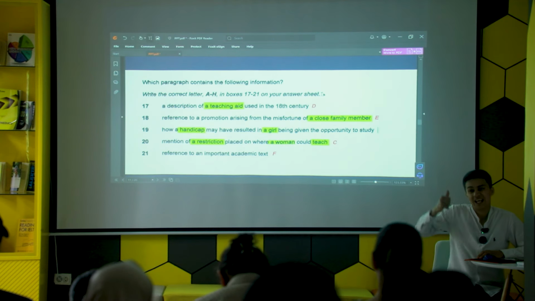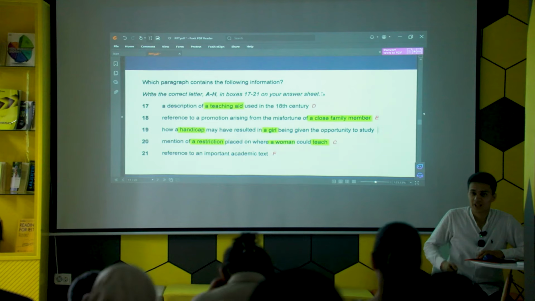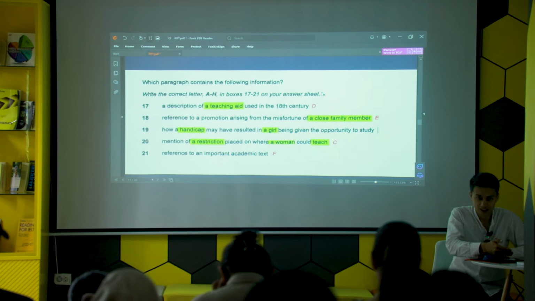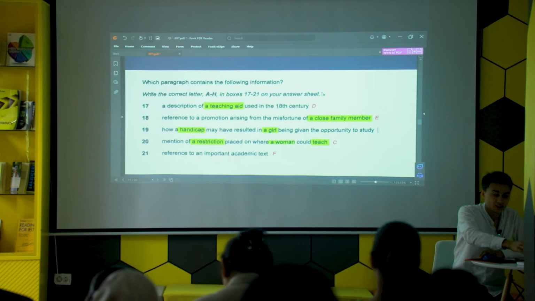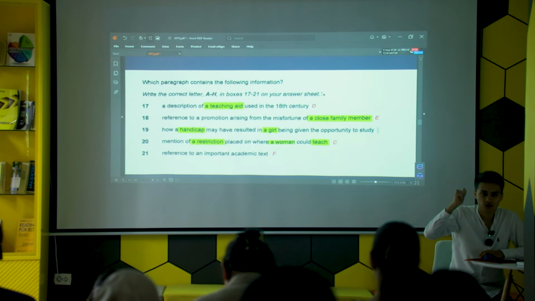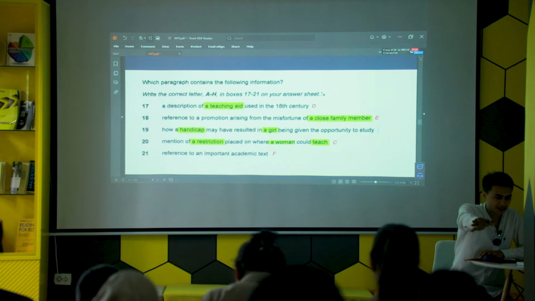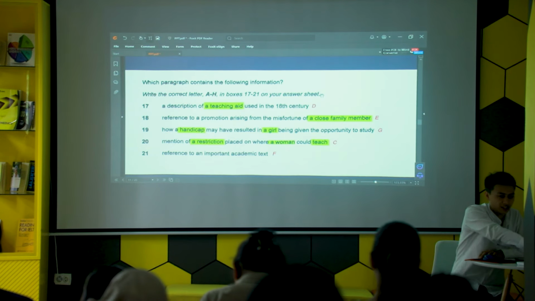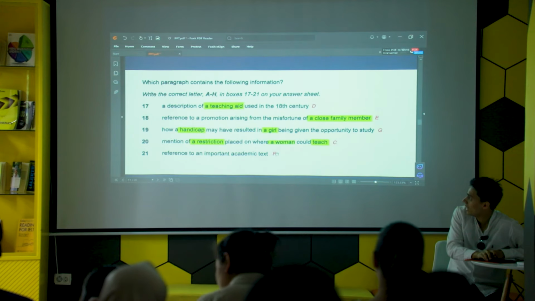Educate the girl, a girl. The name, Daladon. A girl, a woman. And the teaching aids also came up: skeleton in wax and all. So what's the paragraph? G. That's it. D, E, G, C, F.